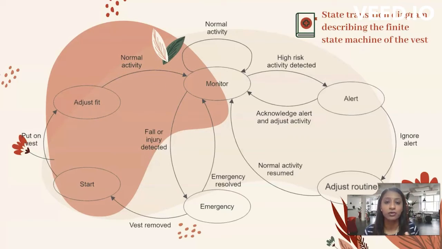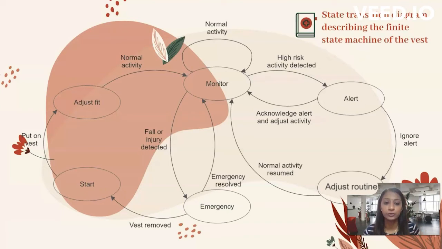The user has to activate the application in their phone. And when there's any abnormal activity detected, or there's a high risk activity detected, the system will automatically be triggered or vibrate, and the user will be acknowledged through push notifications and also through an emergency call.